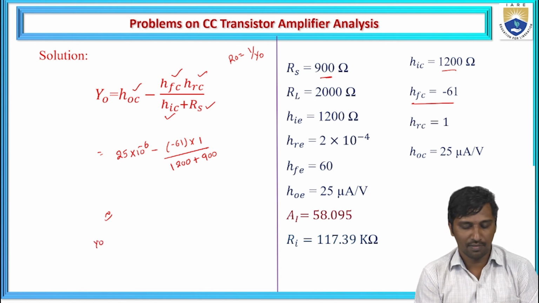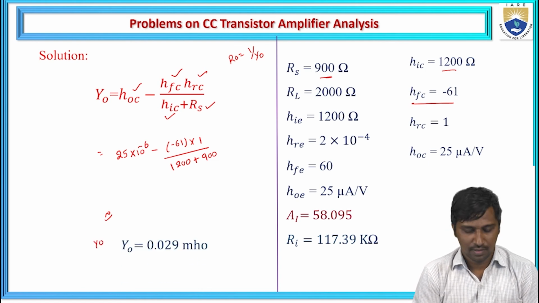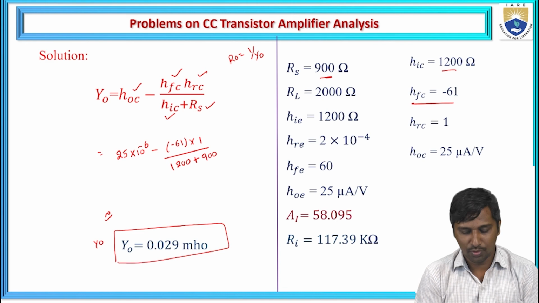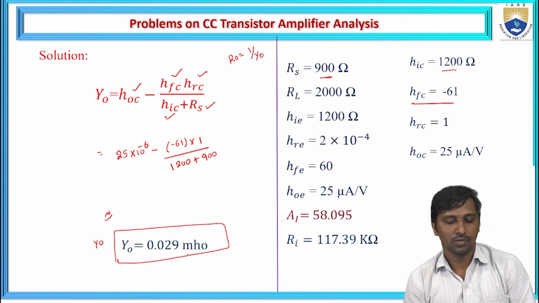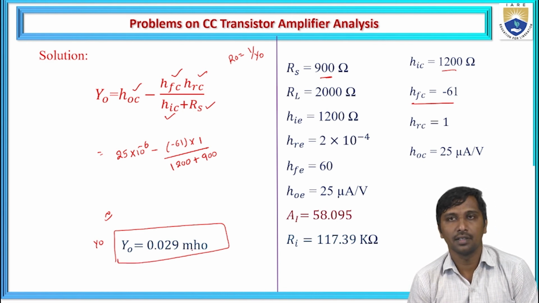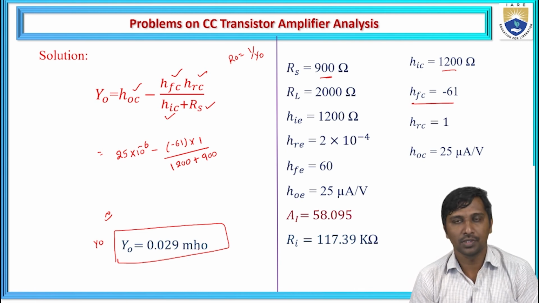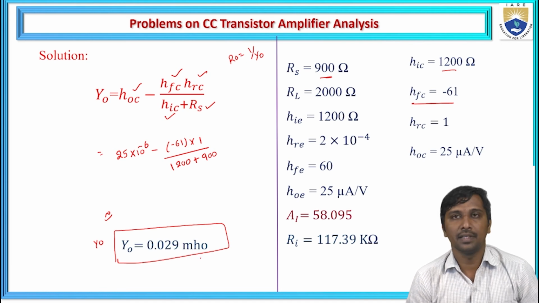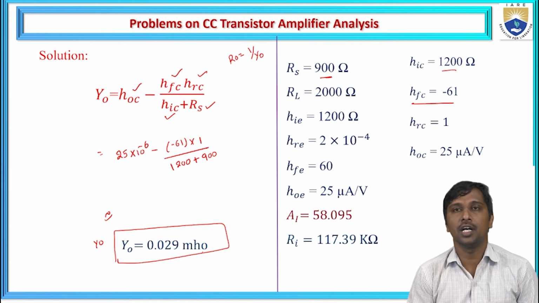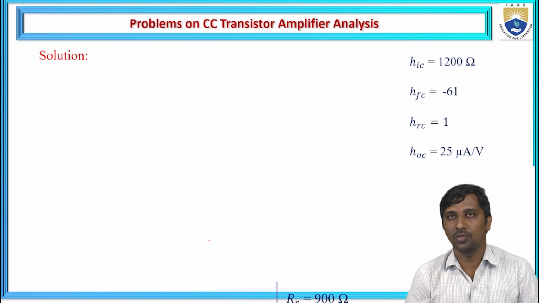It gives that Yo is 0.029 ohm inverse. I have written the units here. The admittance units are ohm inverse. Now by using this admittance, we need to calculate the output impedance Ro.